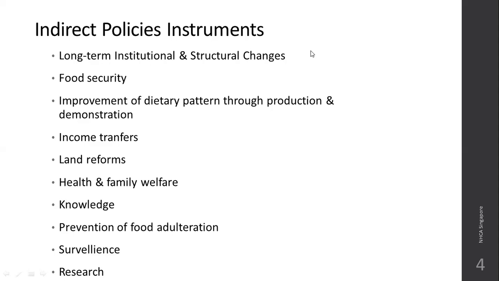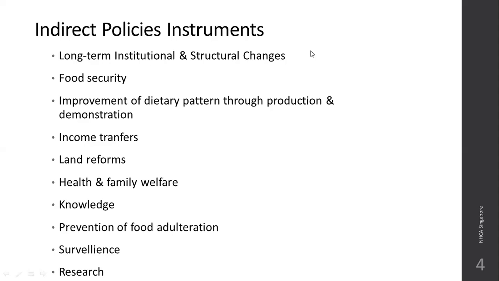When you own a piece of land, you can grow something on it and feed your family off it, sell it to get some purchasing power, or grow your own fruits and vegetables. So land reformation helped in improving nutrition.